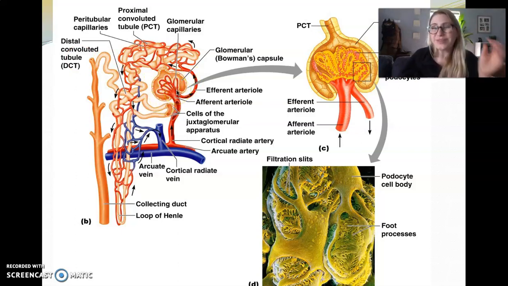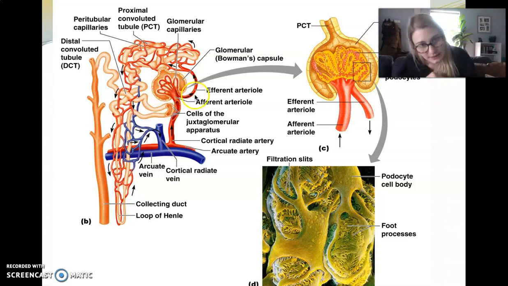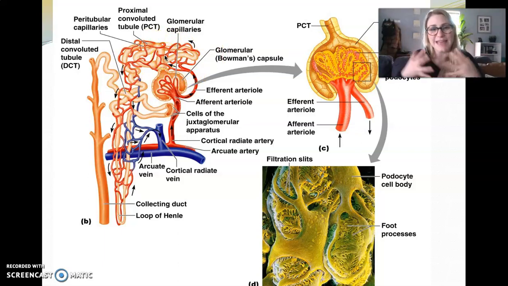The blood with less plasma is then going to leave in the efferent arteriole and eventually is going to make its way all over the proximal convoluted tubule, the loop of Henle, and the distal convoluted tubule. So you can see how these peritubular capillaries are wrapped tightly around everything, and this is where the second and third step are going to happen.